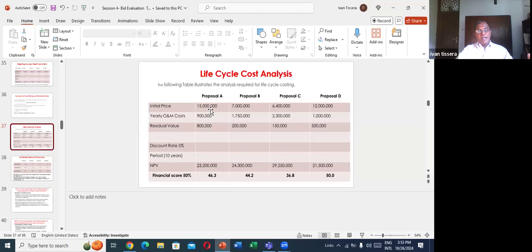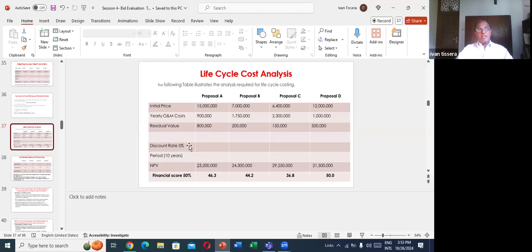We must consider all the operational costs. Under life cycle costing, we consider operational cost, maintenance cost, and deduct the scrap value, right? All costs we consider, and we have to discount that future cost using a discounting factor.